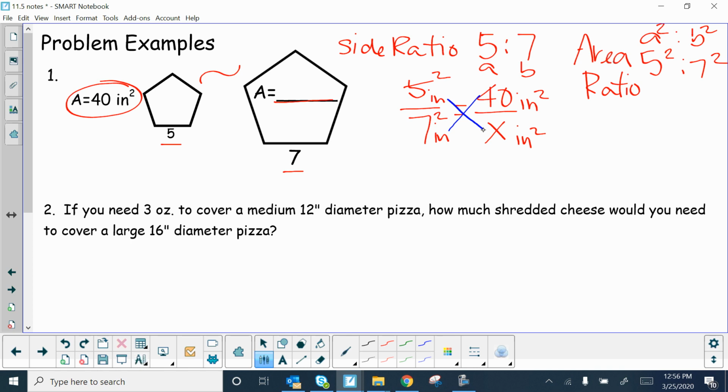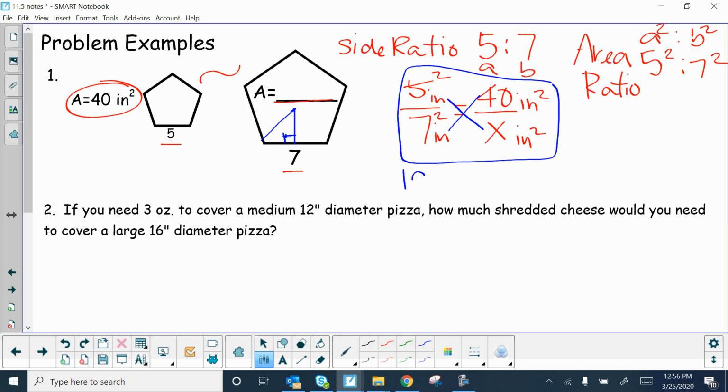So you don't need to know the dimensions. And I know you probably want to go through and draw an opossum and then use a right triangle. You don't need to do all of that. All you need to do is this proportion right here. So now let me use the calculator to figure this out. We have to do 7 squared times 40.